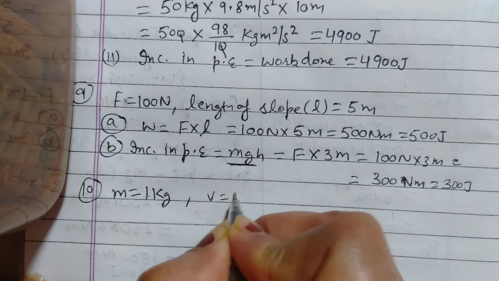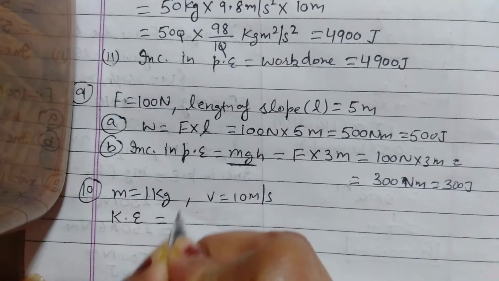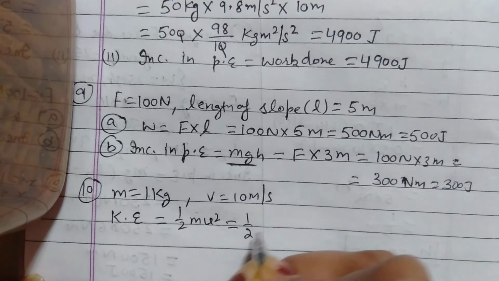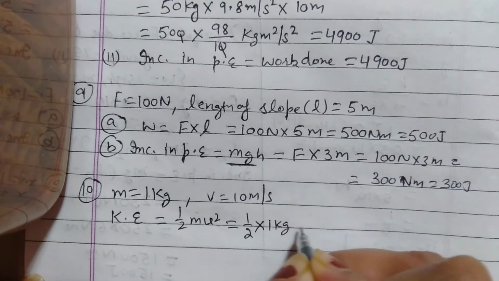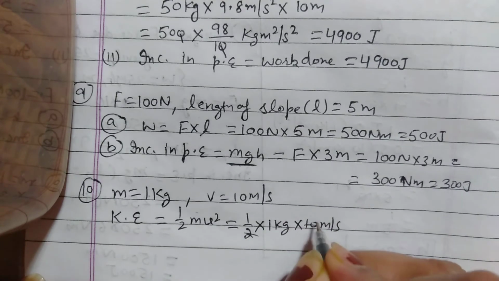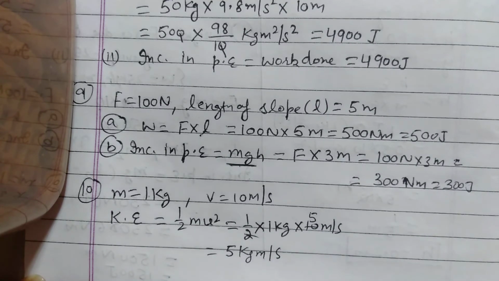Velocity of the body is given to us as 10 meter per second. Kinetic energy is equal to half mv square. That is 1 by 2 into 1 kilogram into 10 meter per second.